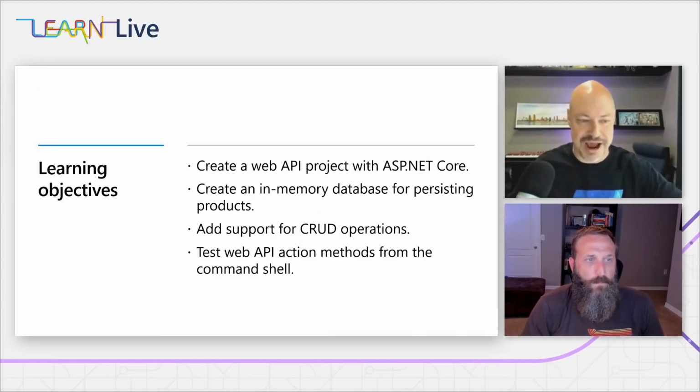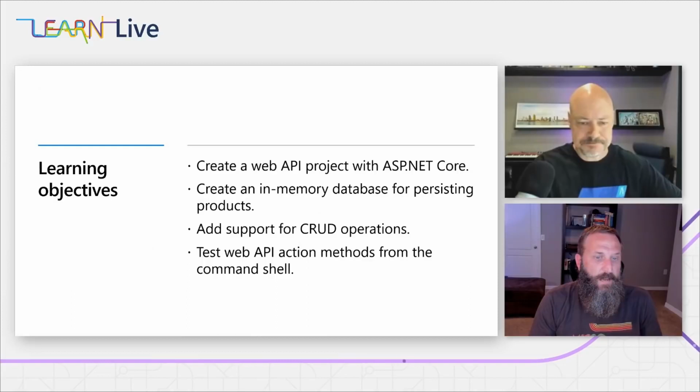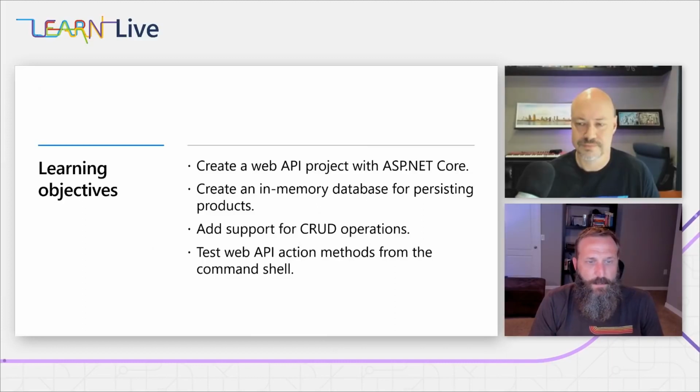What are CRUD operations? It's an acronym, and basically it's create, read, update, and delete. It's really the essentials of what you need for interacting with data when it comes to an application or API. The other thing we're going to talk through is that last bullet point, about testing the API action from a command line tool that we've put together for this as well.